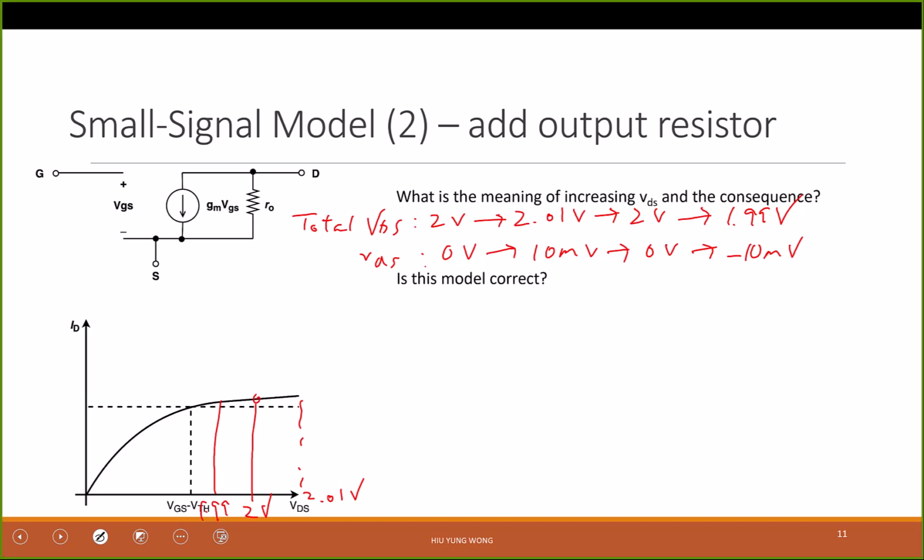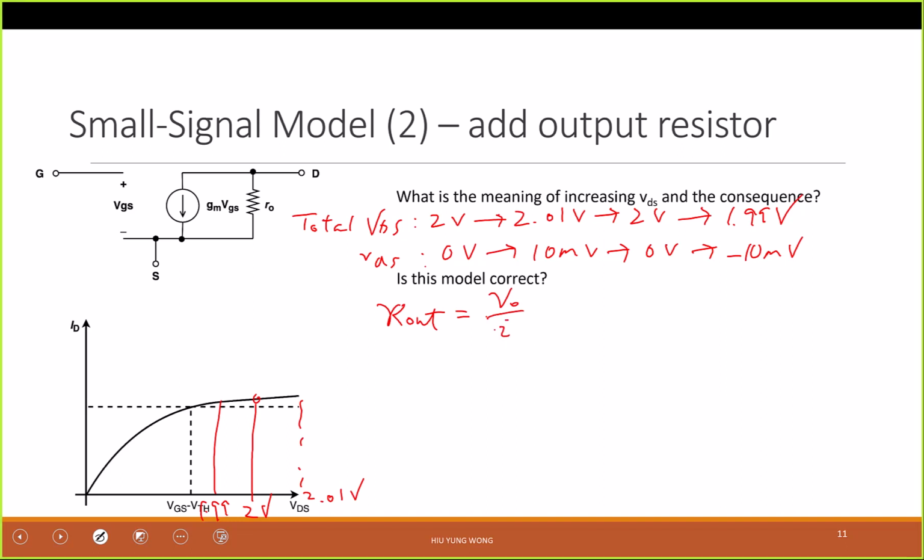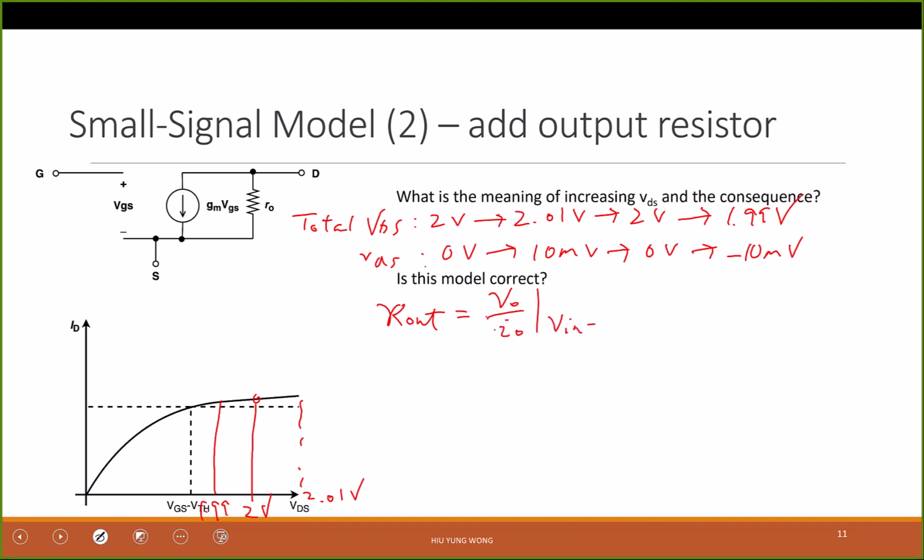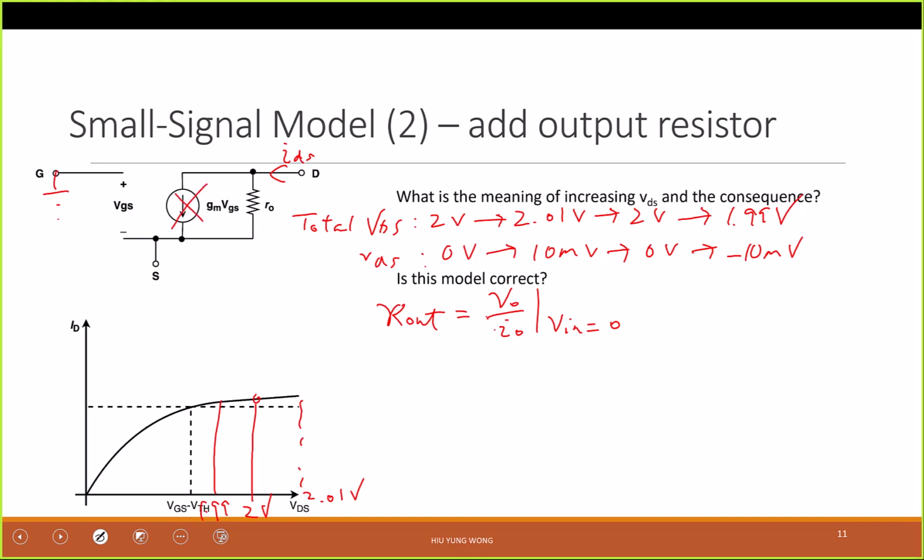So is this model correct? First of all, something we have not learned yet, the so-called output impedance, equals V out divided by I out when V in equals 0. So in order to find the output impedance, we will need to ground the input and then find how much current will go in. But when I ground the input, then this is 0 because VGS equals 0.